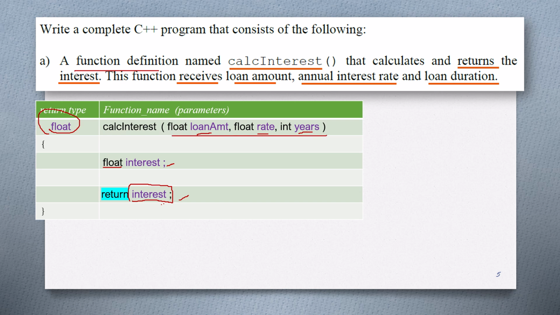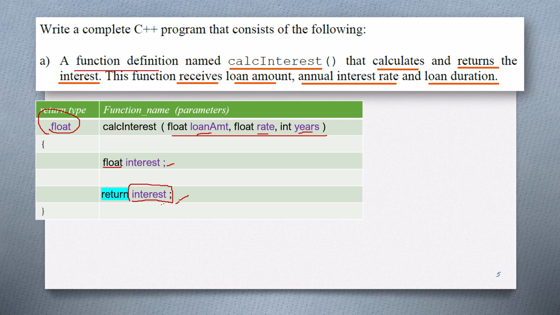That is why you need to assign the data type. And also when it returns something, it needs to define the type of data that it will return. So when you return interest, the interest must be of a certain type, so it needs to know before it returns the value.